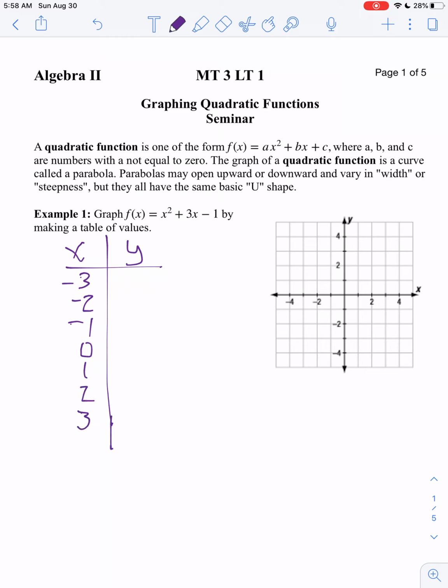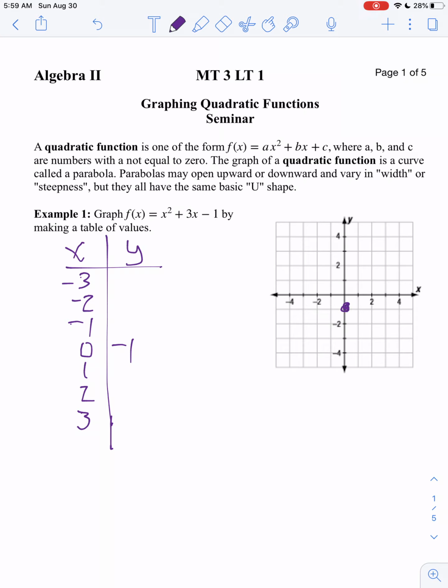We might add more terms because I need to get a U shape. So if you don't get your U, you might have to add more terms. Now I'm going to start with 0 because nice things happen with 0. That means 0 plus 0 minus 1. So 0 and -1 is going to be your first point. So I'm going to plot that on my graph, 0 and -1.